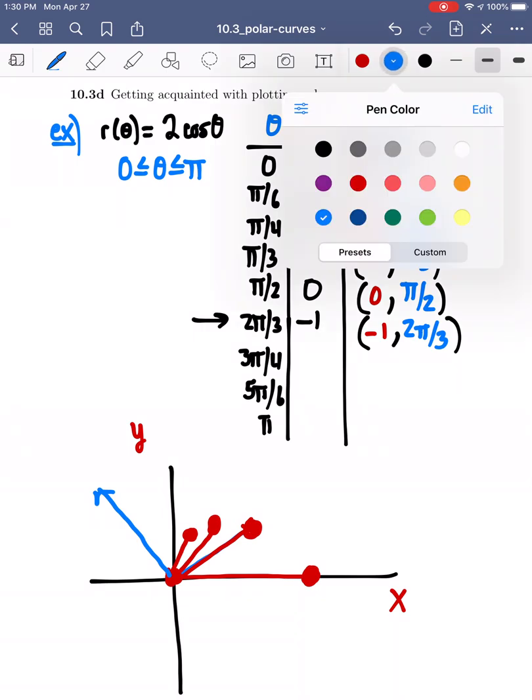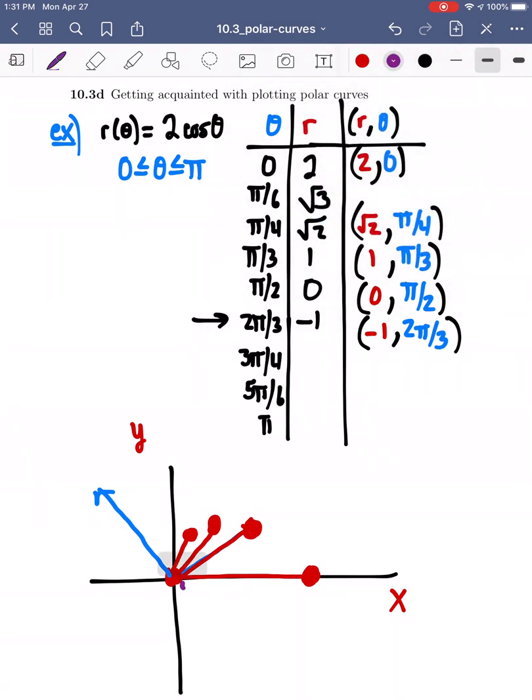But since r is negative, we actually point in the opposite direction, and only because r is negative. So we go out a distance of 1 in that negative direction. Again, we would normally be along this blue line of 2 pi over 3, but since r is negative, we move the opposite direction across the origin, and we move out a distance of 1. Somewhere like that.